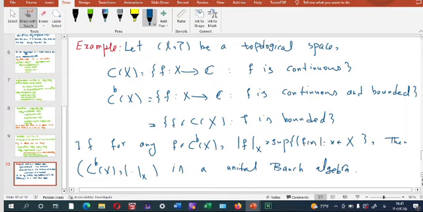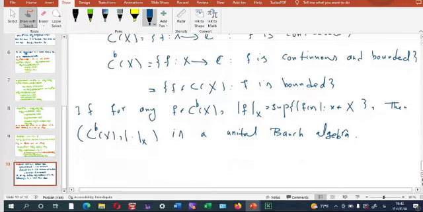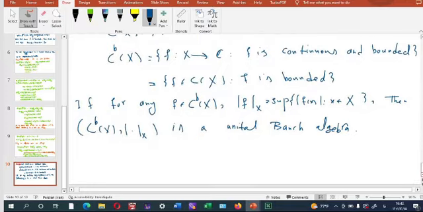Okay, we see that this is a norm function and also this is the Banach algebra norm, and this is a complete norm function.